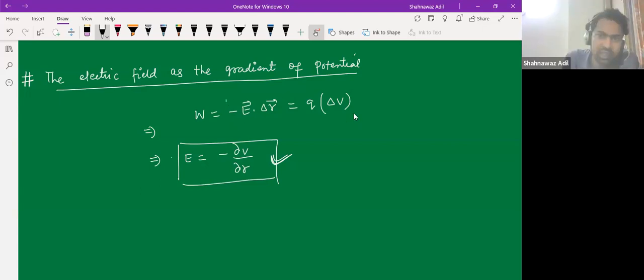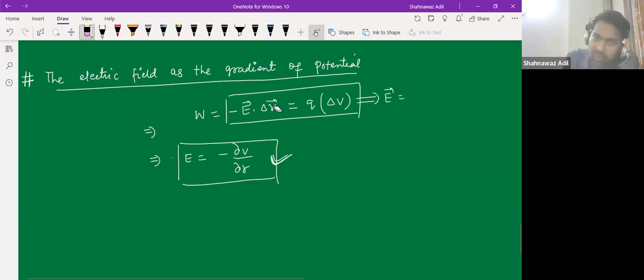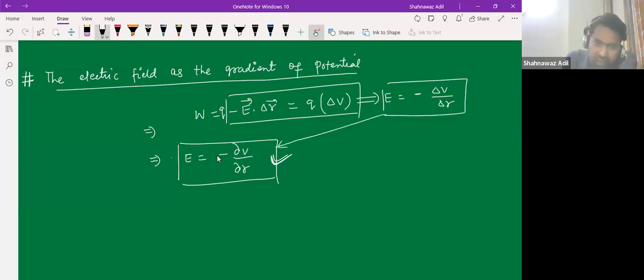So if we compare these two things, what would be our electric field? If we ignore the vector part, this would be minus of, yes, there's this Q in there, so this Q will cancel. And this would be minus delta V by delta R, right?